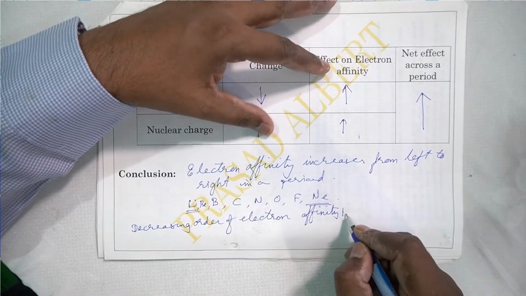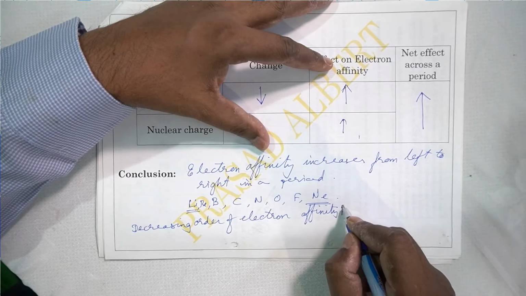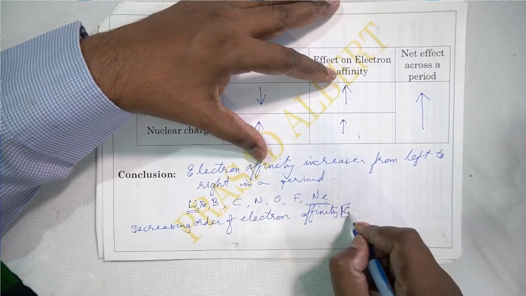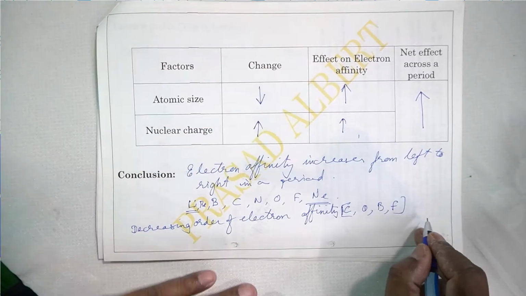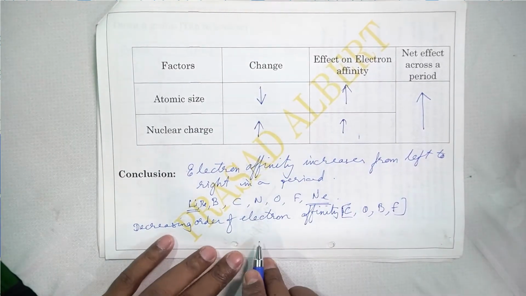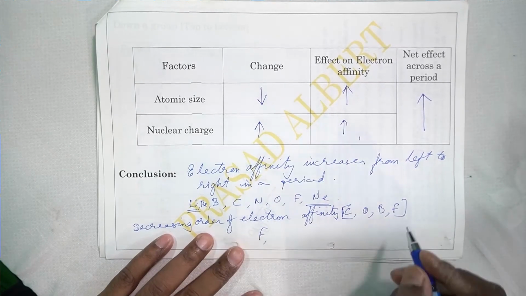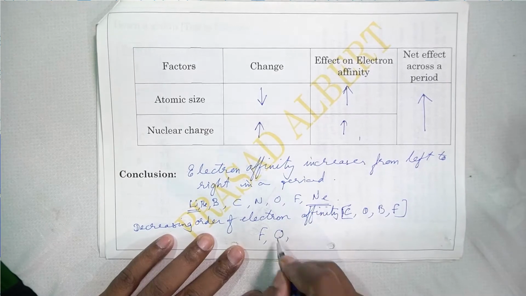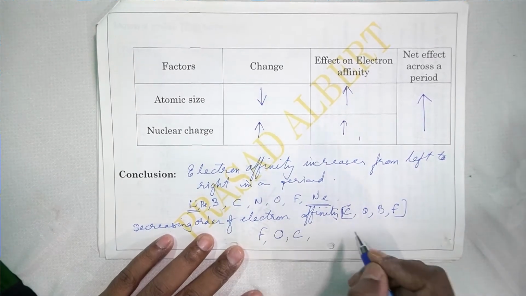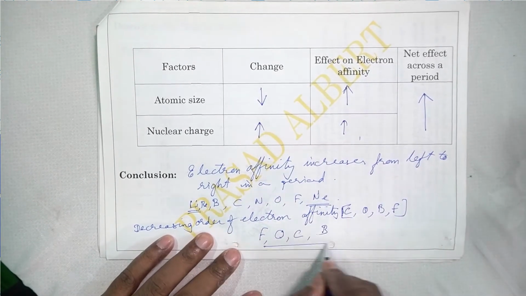Okay, so let us have some elements here. Decreasing order of electron affinity for these elements: carbon, oxygen, boron and fluorine. How do we arrange? The decreasing order is from right to left. So fluorine, and then comes oxygen, and then carbon, and then boron. So this is the decreasing order.